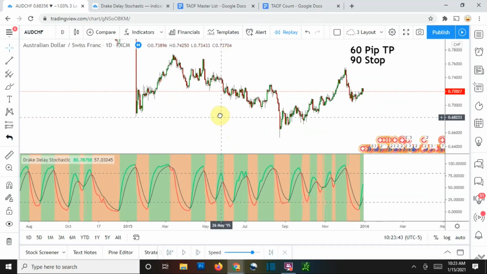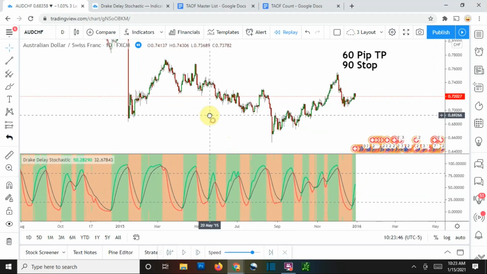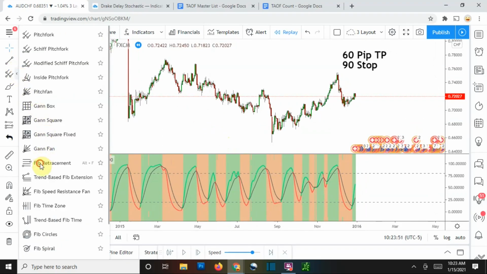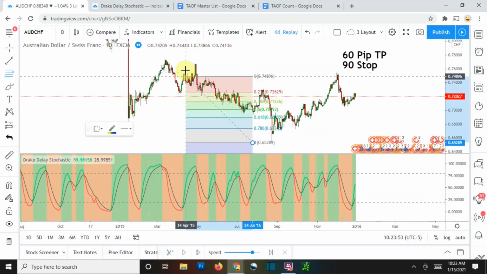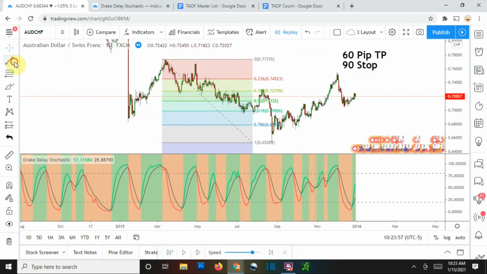Let's go ahead and mark out some areas of support and resistance, just so that we can keep an eye on it. So we will draw a line from here to there.